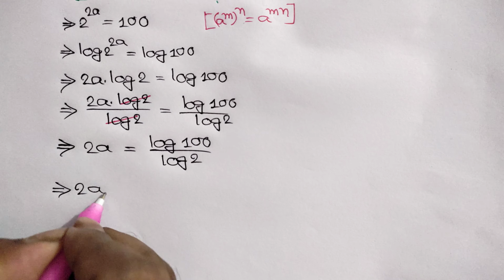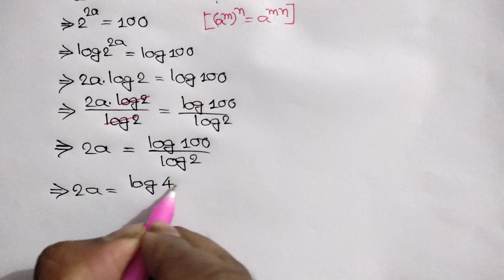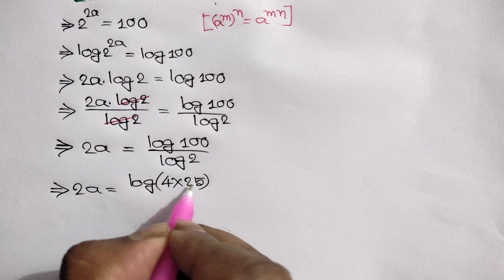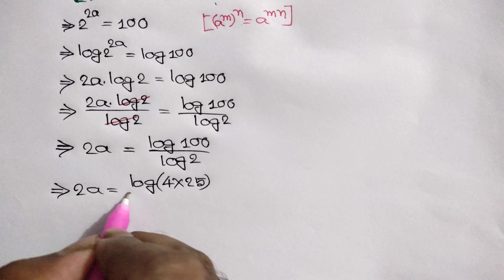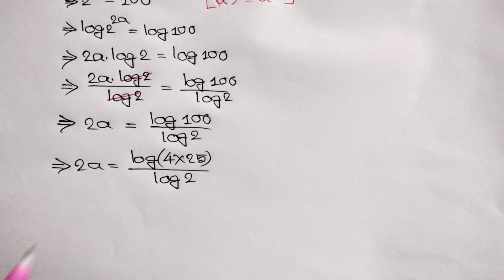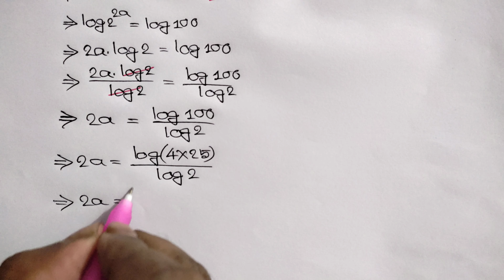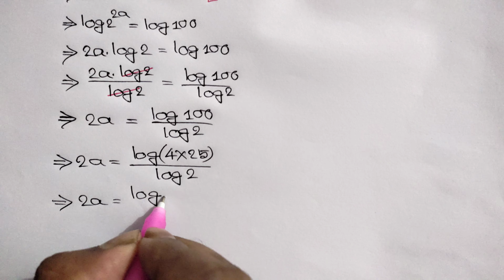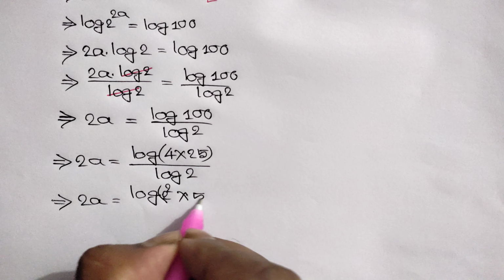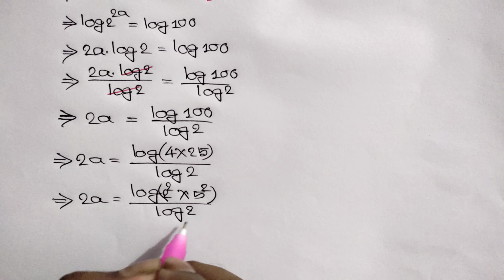Now log of 100 can be written as 4 times 25, because 4 times 25 is 100, all over log of 2. Or 2a is equal to log of, now 4 can be written as 2 square and 25 can be written as 5 square, all over log of 2.